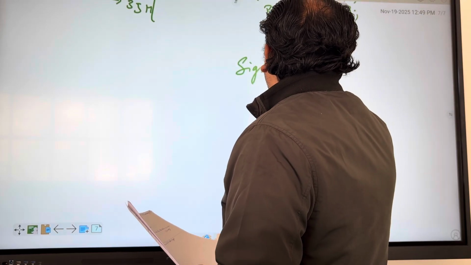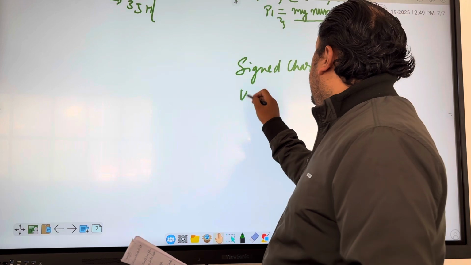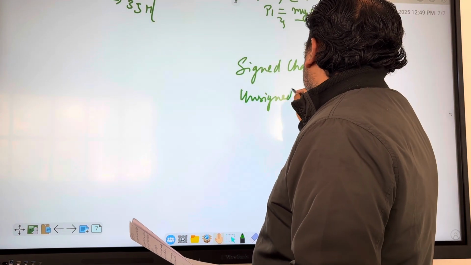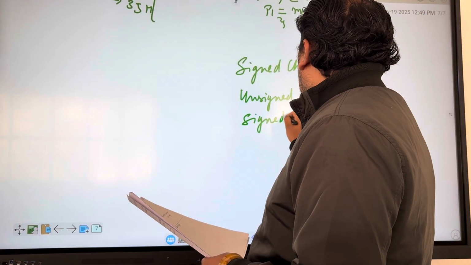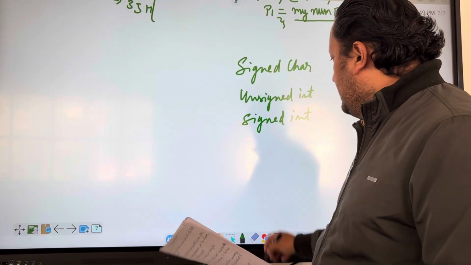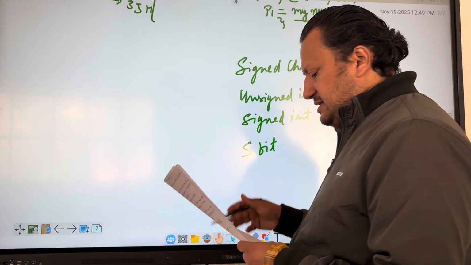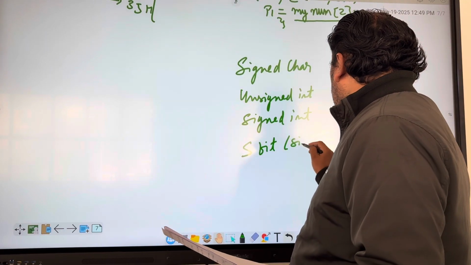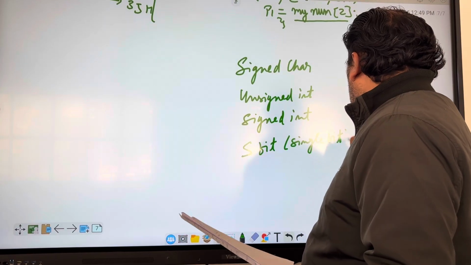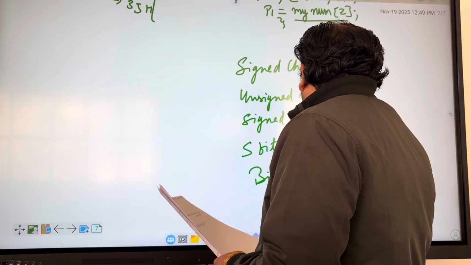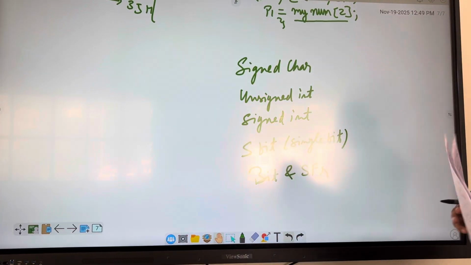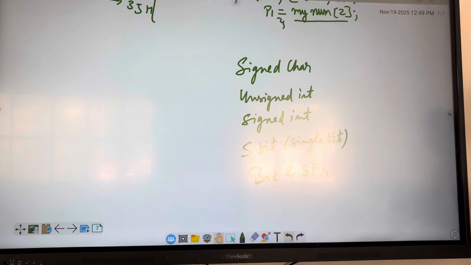You have other data types as well, such as signed character, then you have unsigned integer, then signed integer, then a single bit called sbit, and then you have bit and SFR. These are other data types which you use in C programming for microcontrollers.